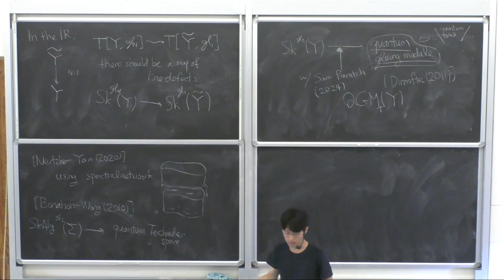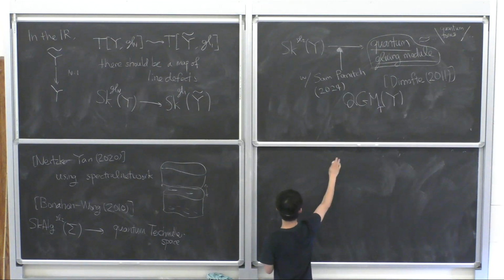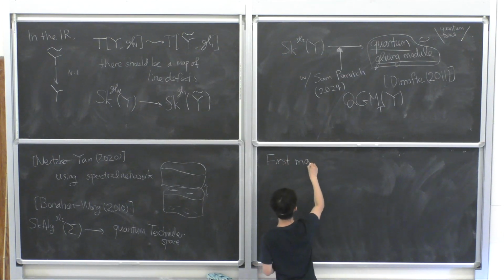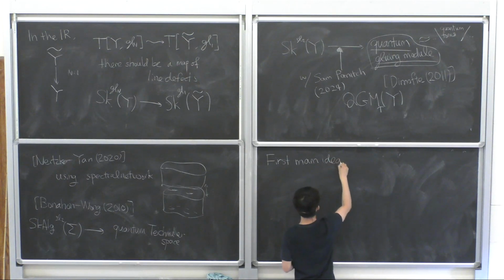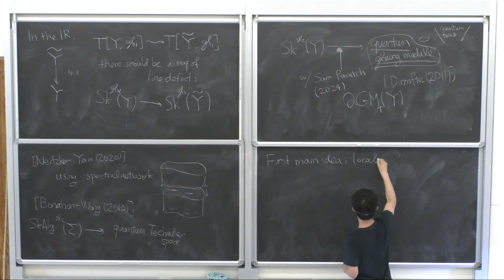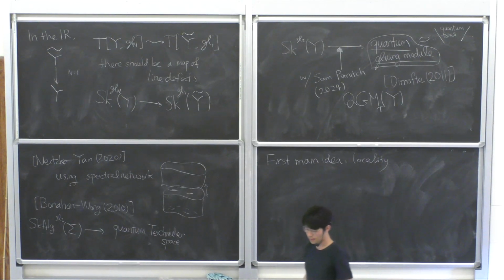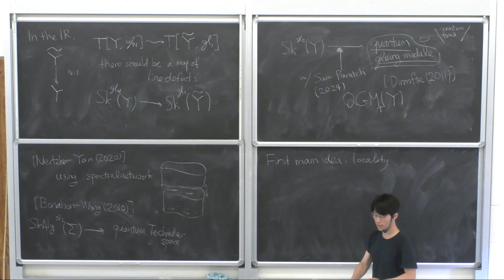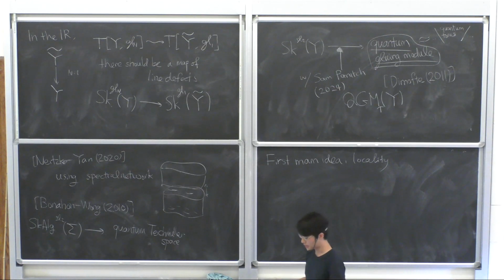There are two main ideas. The first main idea is to use locality of skein modules. What I mean by this is that instead of just studying the skein module of a whole three-manifold, we can cut the three-manifold into elementary pieces, such as ideal tetrahedra, and then construct this map for these individual pieces.